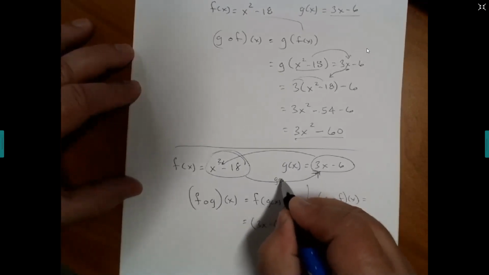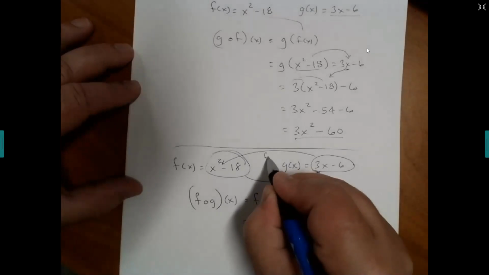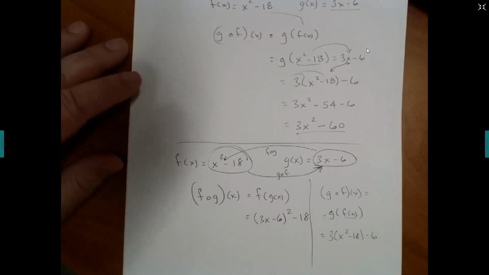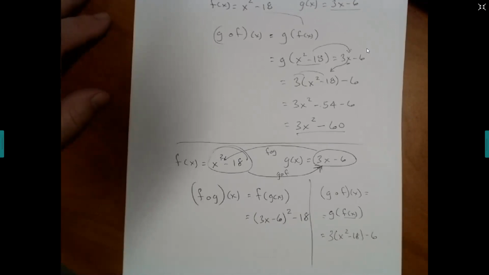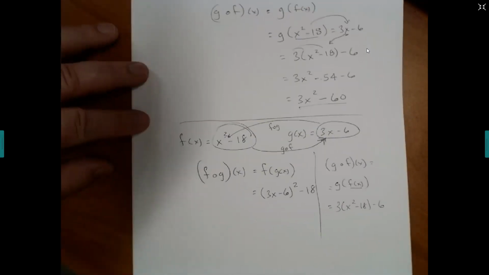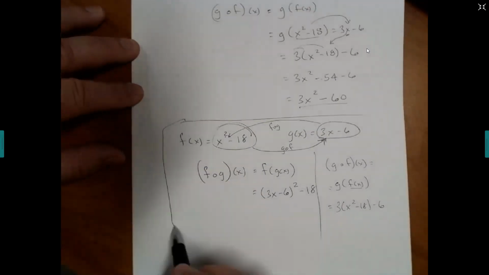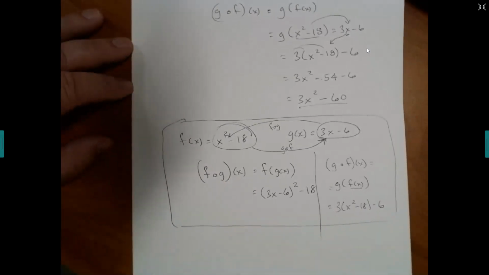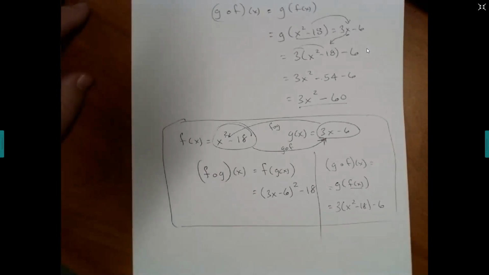So this is Goff, this is Fog. So I have 3 times x squared minus 18 minus 6. And you work it out, of course. This should break it down in a nutshell. It's just substituting one equation inside another equation.